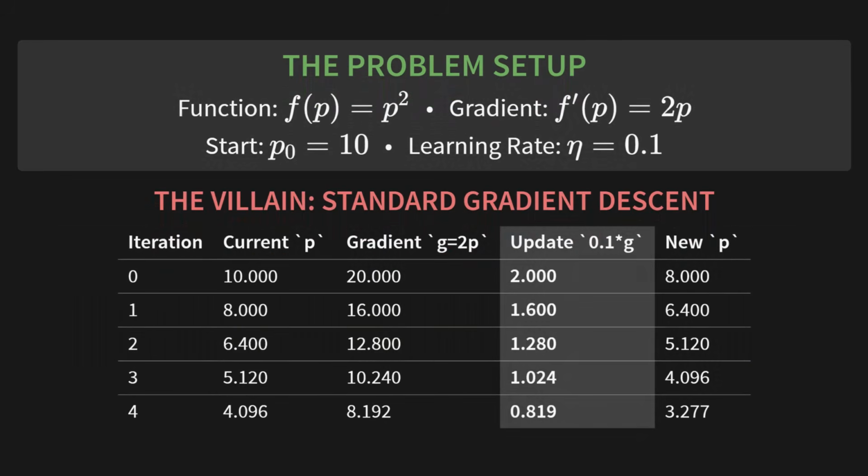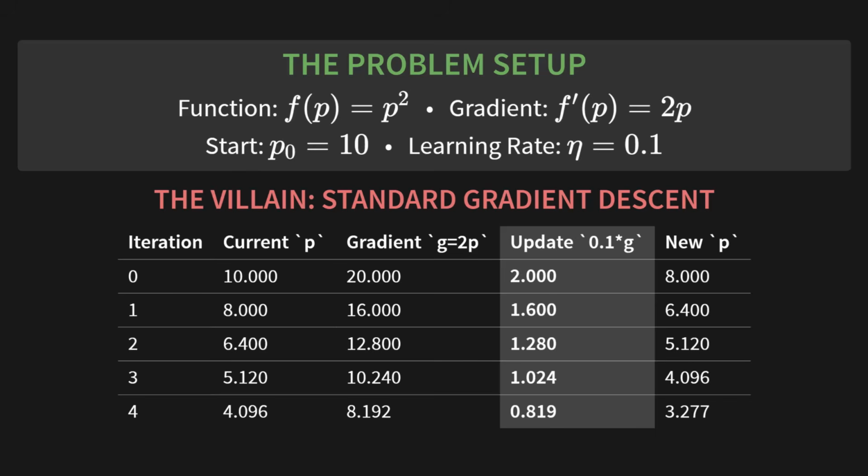Take a look at this table. At iteration 0, we start at p equals 10. The gradient, 2p, is 20. The update, which is 0.1 times the gradient, is 2. So our new p is 10 minus 2, which is 8. Okay, iteration 1. We're at 8. The gradient is 16. The update is 1.6. And our new position is 6.4.